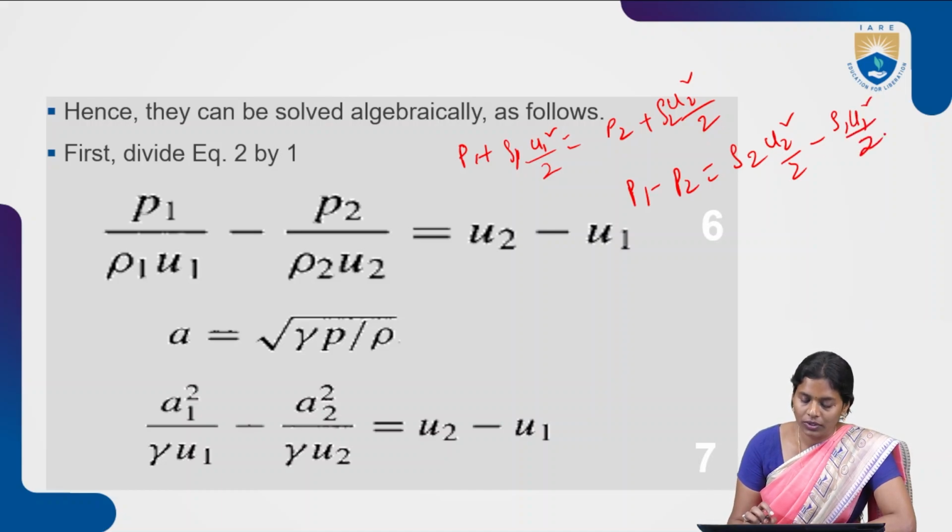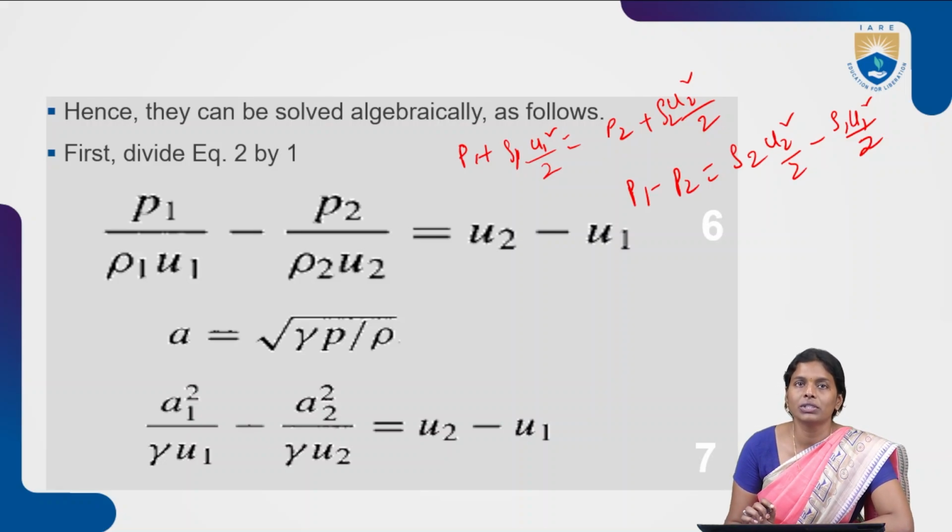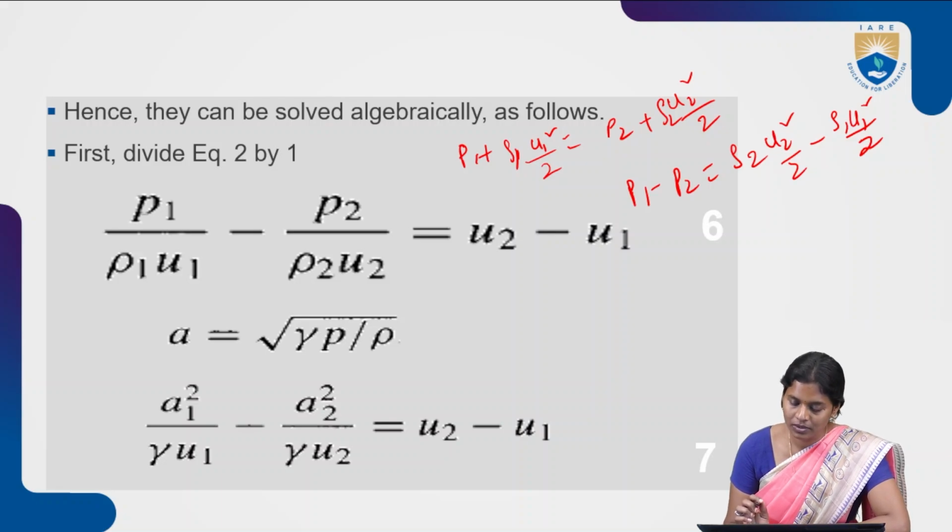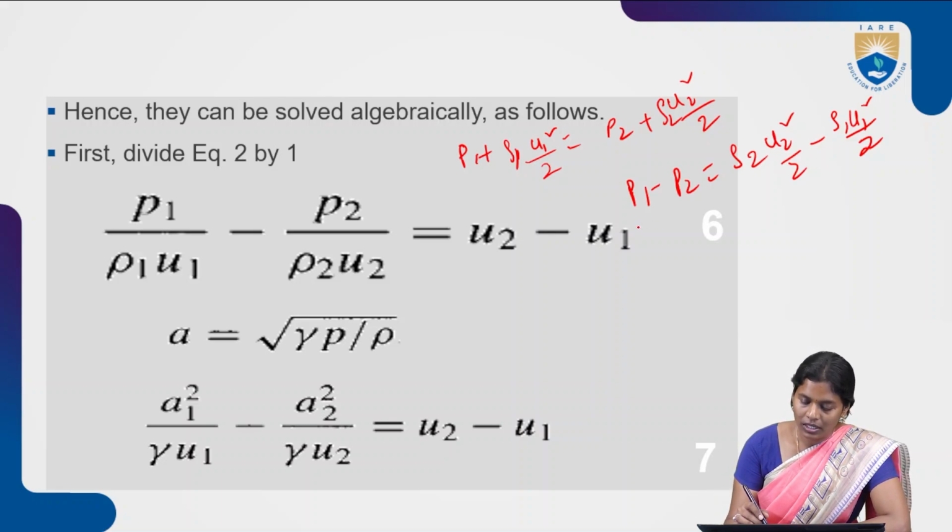Right. So now what we are doing? We are dividing with the equation 1. So when we do with the equation 1, what we will be having? This side and that side, if you are taking rho 1 U1, then this will be rho 2 U2.